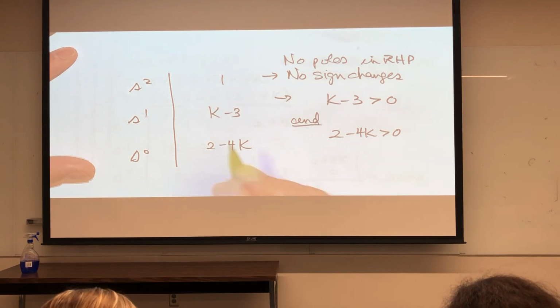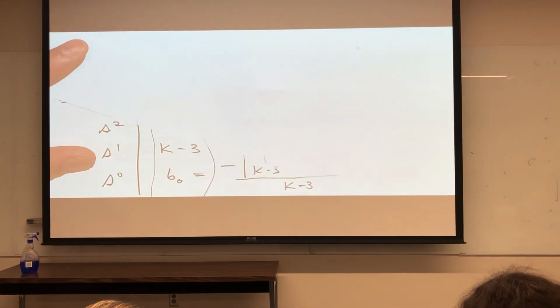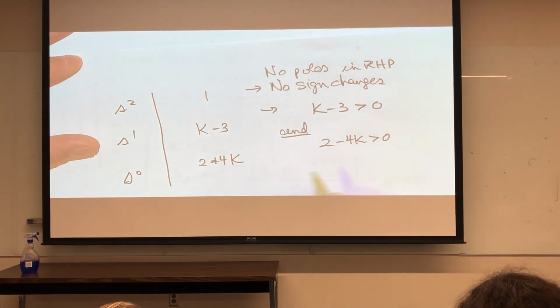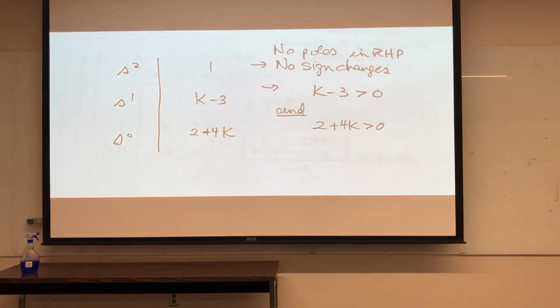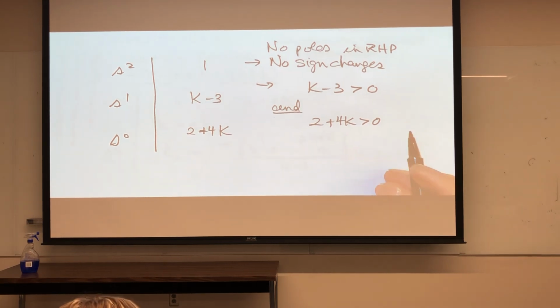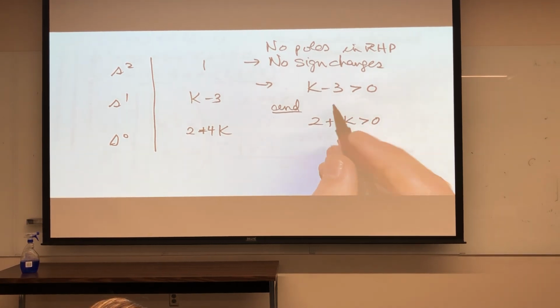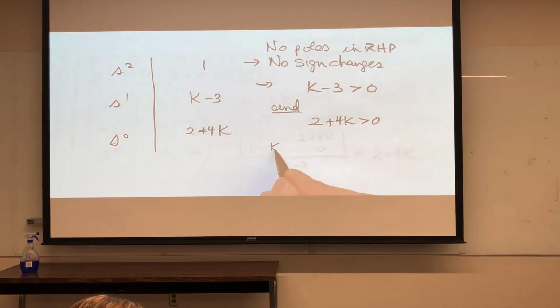Yeah, sorry, thank you. 2 plus 4K. So what do we get here? From the first one, I get K is greater than 3, and from this one, K has to be bigger than -1/2.